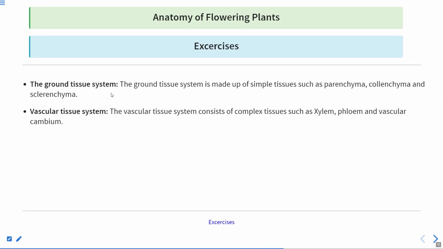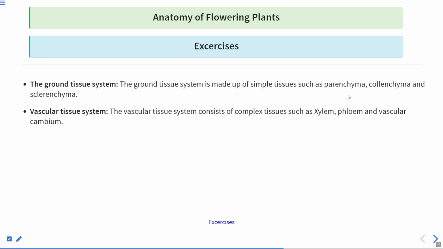Next is the ground tissue system. The ground tissue system is made up of very simple tissue, right? So there are three different types of ground tissue: the parenchyma, the collenchyma, and the sclerenchyma. We have already discussed this, but I just want to focus here on the parenchyma, collenchyma, and sclerenchyma cells.